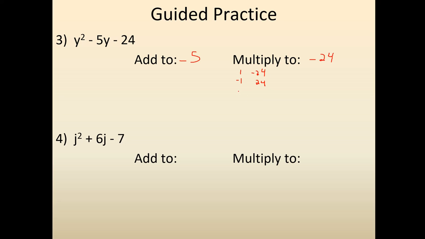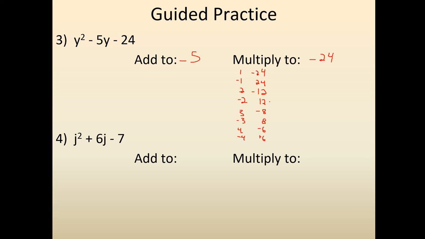Then we have 2 and negative 12, negative 2 and positive 12. We could have 3 and negative 8, negative 3 and positive 8, 4 and negative 6, negative 4 and positive 6.